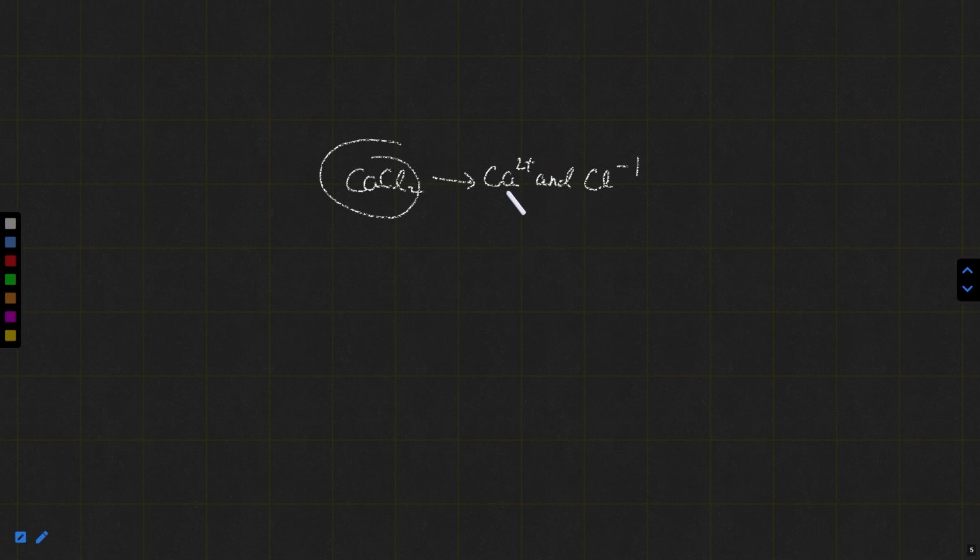That would be more appropriate to write. If I ask what is the oxidation number of calcium here, you will simply say, sir, it will be +2. Why +2? Because the charge on calcium is +2. Again, if you are asked what is the oxidation number of chlorine, you will say, sir, it will be -1. Is it clear? So this is the thing that you should consider as the second point.